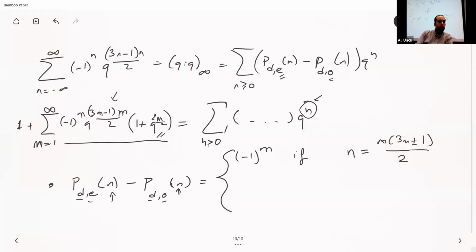So if the number n that you're partitioning matches one of these, you directly know the difference you will get: it is (-1)^m. And if your number doesn't match that, if you have any other number, well, look at the sum. There is nothing that this sum can give you. That is a 0 otherwise.